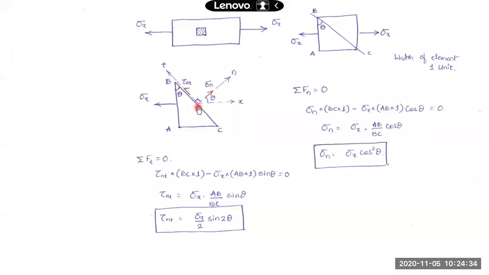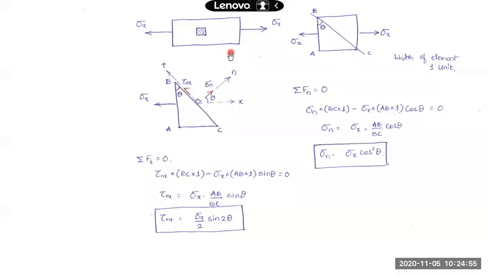Another force is the component of sigma x. Sigma x will have a component along this t direction. So sigma x into AB into 1 is the magnitude of the force, stress multiplied by area, with 1 unit thickness. What will be the component along this t direction?